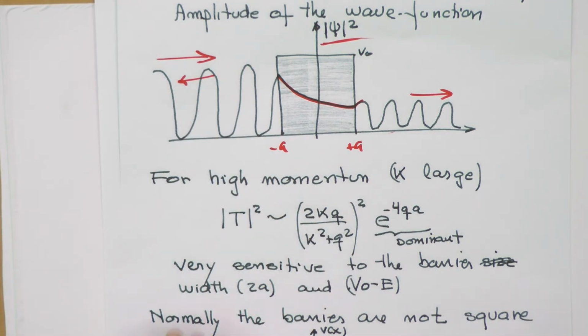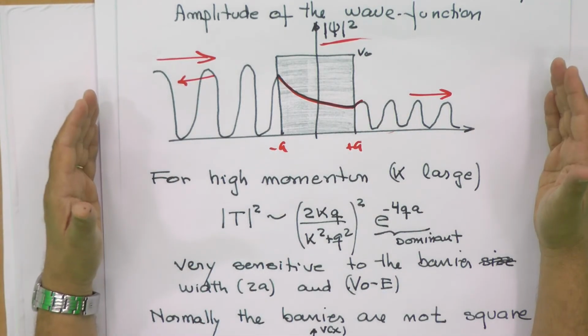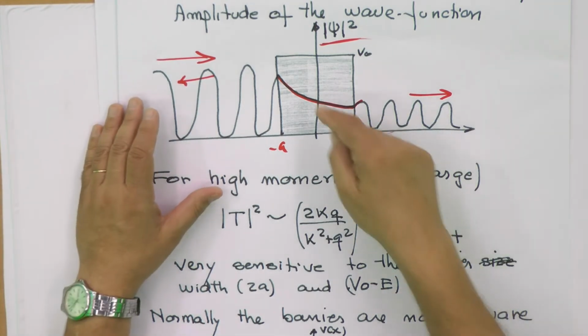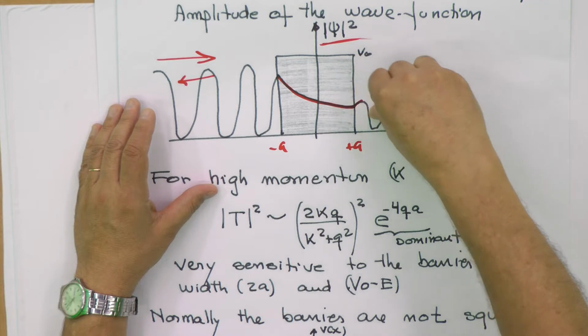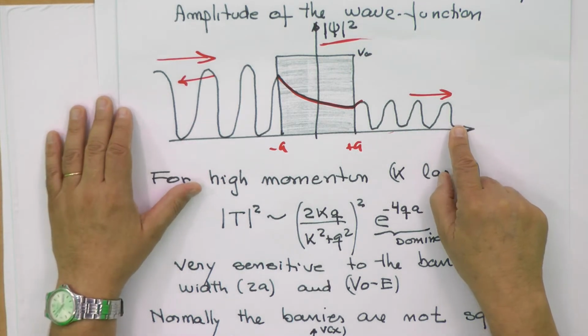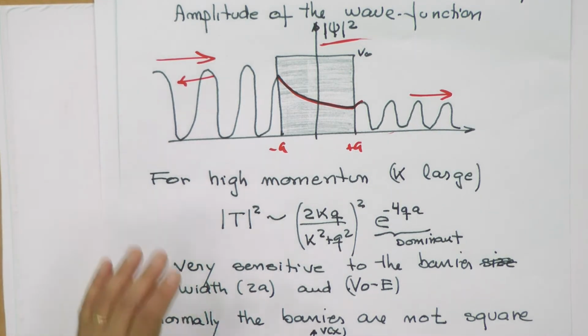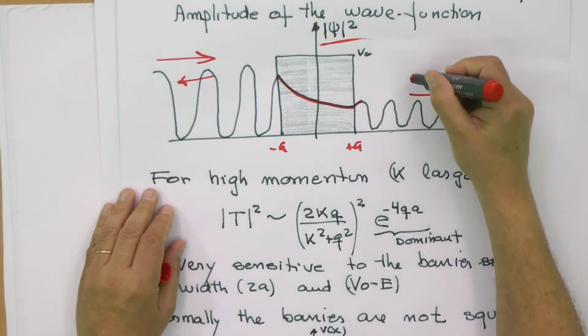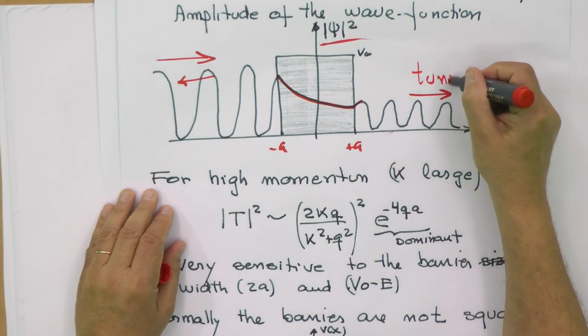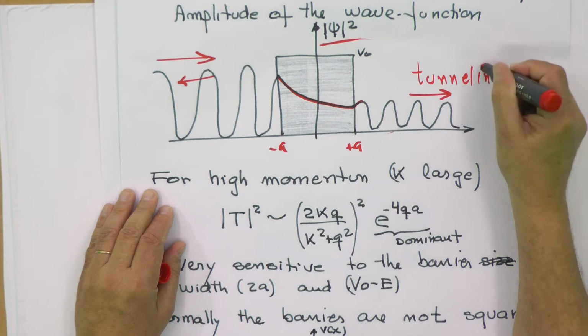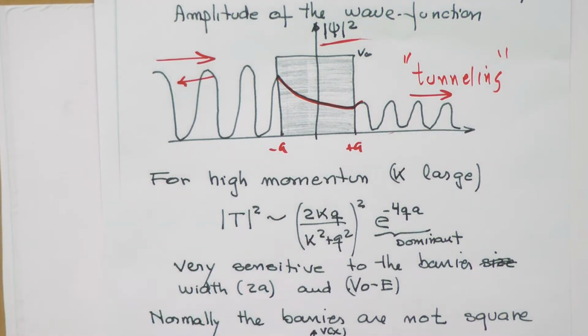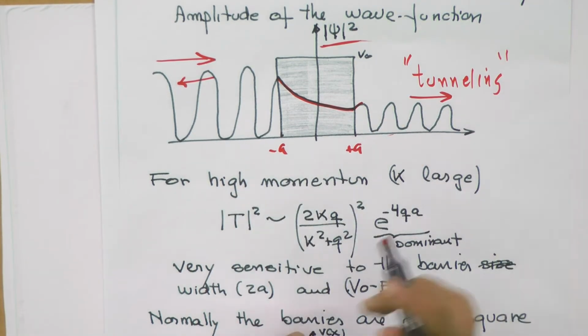We don't know exactly. If the barrier is very big, very wide, of course this will continue to decay, so the amplitude of transmission, of tunneling, will be less. So this is the tunneling, right? This is the part that passes through the barrier.